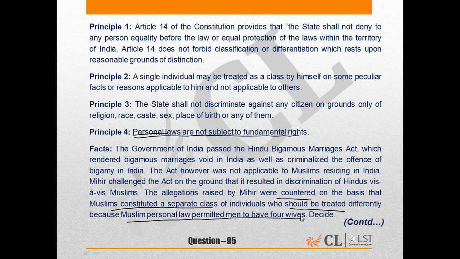So we can gather from the facts that the government has started from the concept that they accept that Hindus and Muslims are 2 separate classes altogether. For the Hindus, they have passed a statute, the Hindu Bigamous Marriage Act. They have passed this act only for the Hindus, which criminalizes the offence of bigamy.